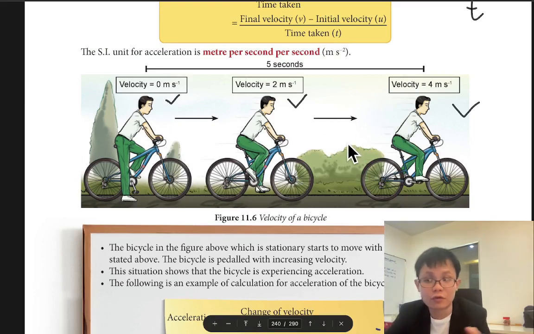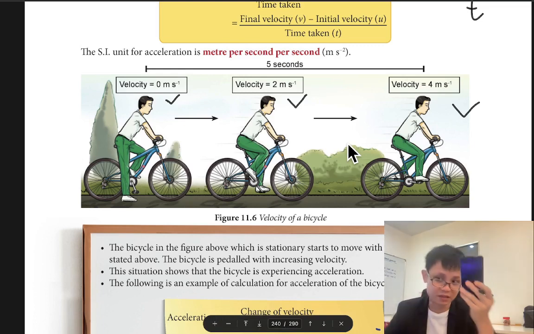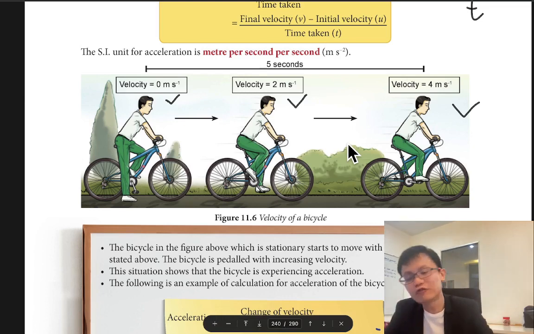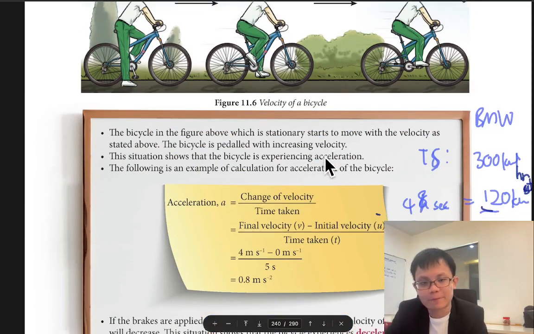Of course a car you know, because you can see there is a speedometer, so you can see the speed of the car. But what if I drop a phone, or push a trolley? How do we calculate that? We need to do an experiment in order to calculate that.